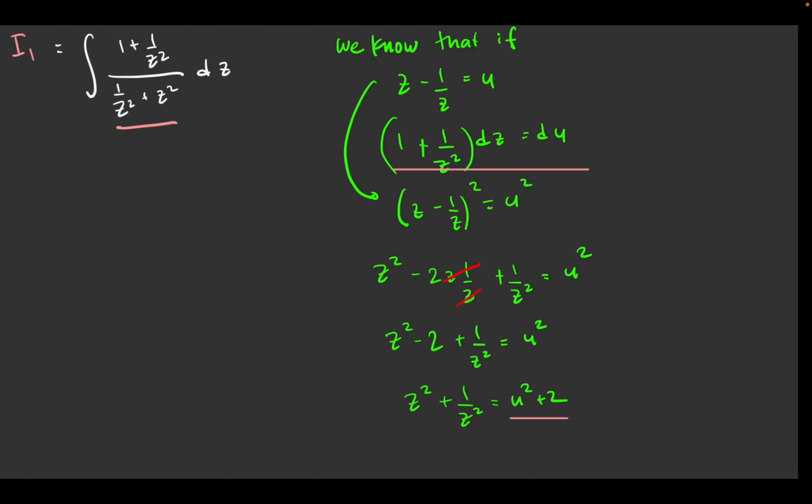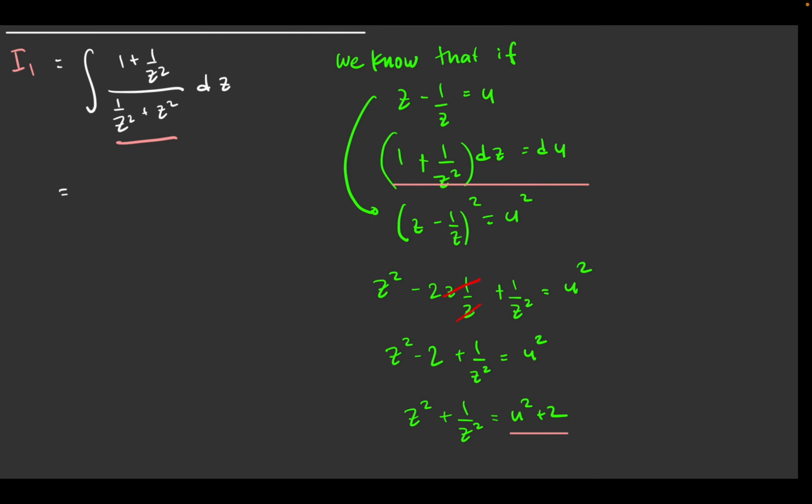So, ibig sabihin, I'm just basically looking for, since numerator ko is 1 plus 1 over z squared, this is just du. Okay, this whole term is just your du from dito. And this term is here. So, du over u squared plus 2 lang din siya.